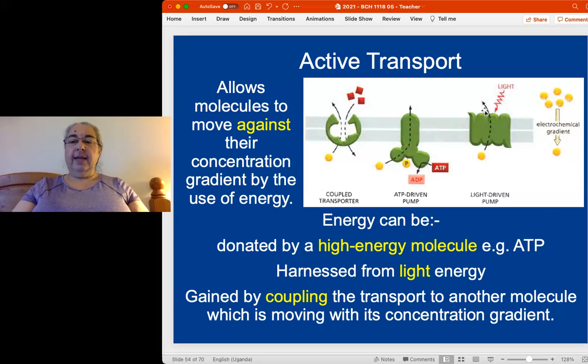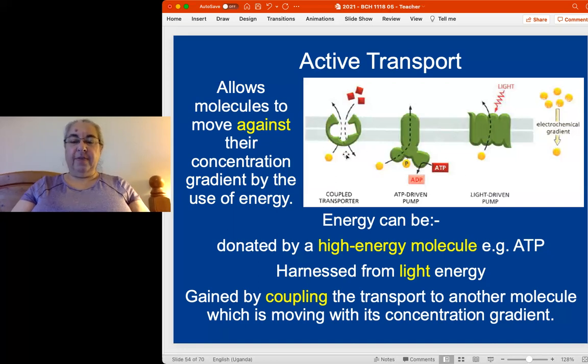Here it is a similar molecule, but this is getting its energy from light. So this is the sort of situation that we see during photosynthesis, where energy from light is used to move molecules against their concentration gradient. Here we're just indicating the gradient.